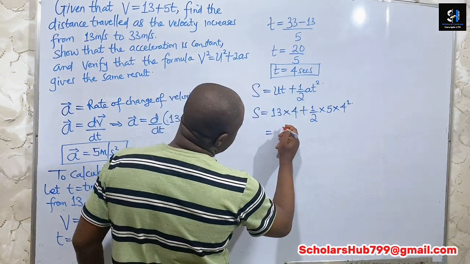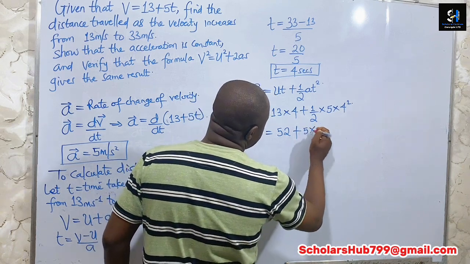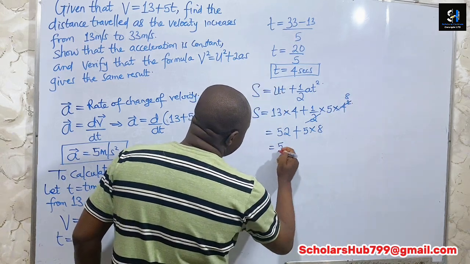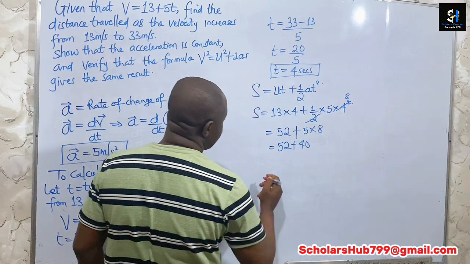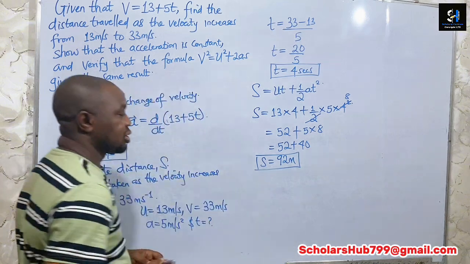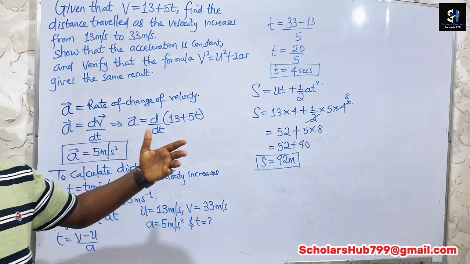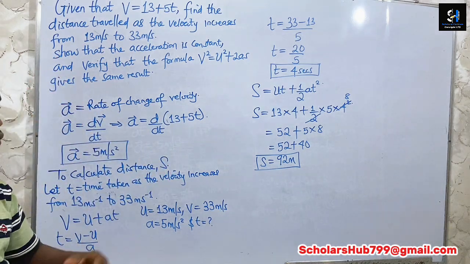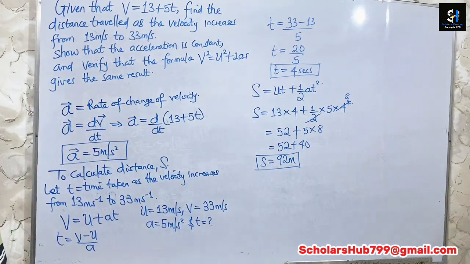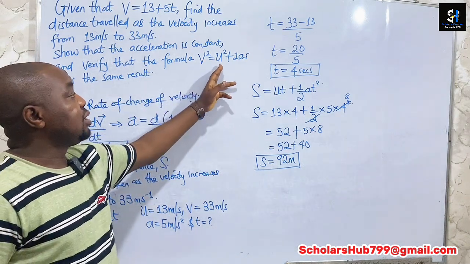This will be 52 plus 5 times 8, which is 52 plus 40. So s equals 92 meters. The distance traveled as the velocity increases from 13 to 33 meters per second is 92 meters.